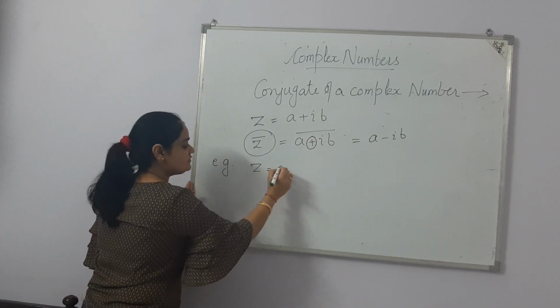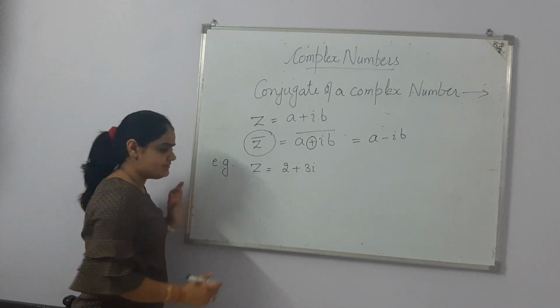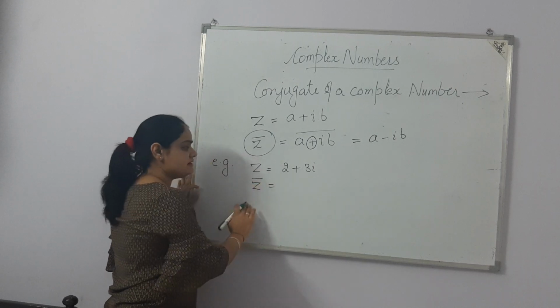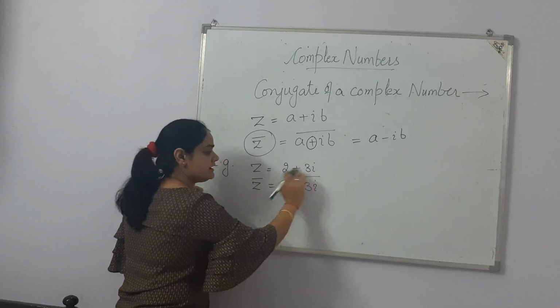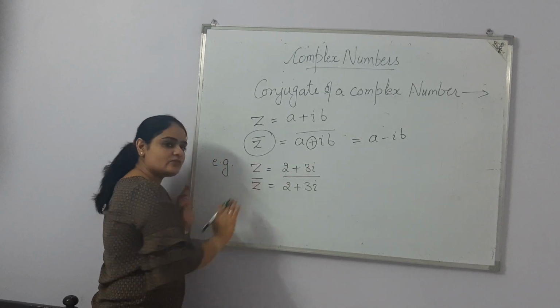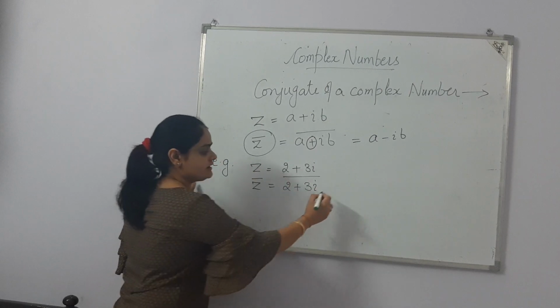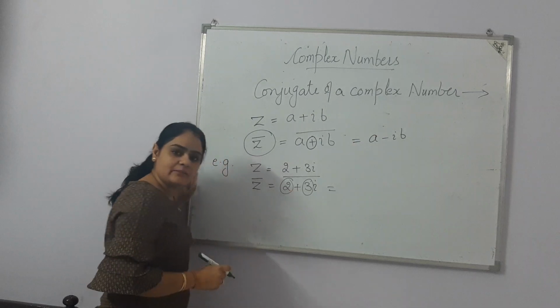If z is equal to 2 plus 3 iota and we want to find z conjugate, then z conjugate is the conjugate of 2 plus 3 iota. This is your real part, this is your imaginary part.